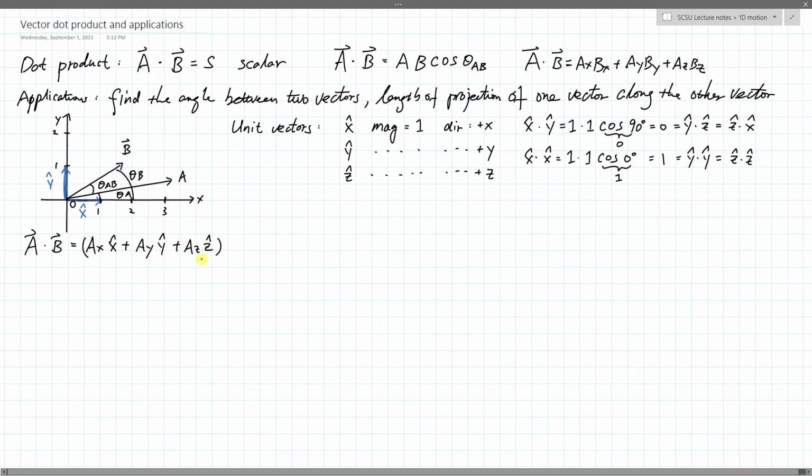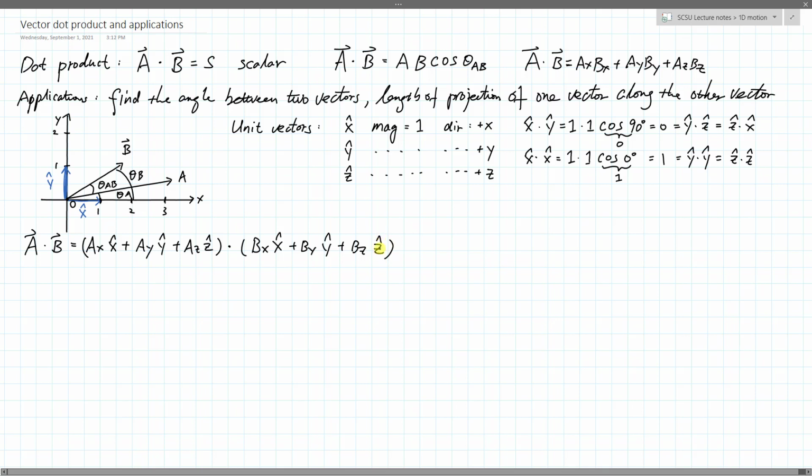This is just another way to express the same vector a, because a has that many units along x, that many units along y, that many units along z, right? Then the dot is between the two vectors, b_x x hat, b_y y hat, and b_z z hat.